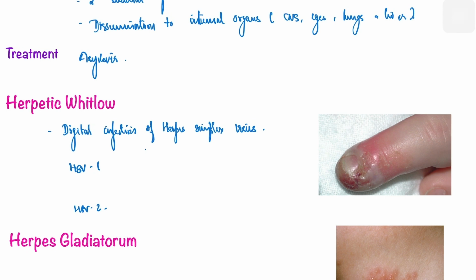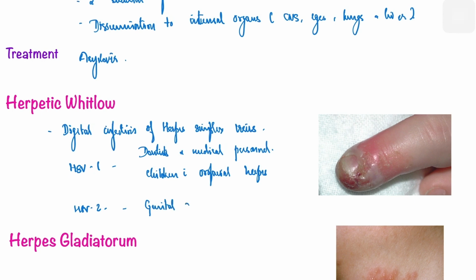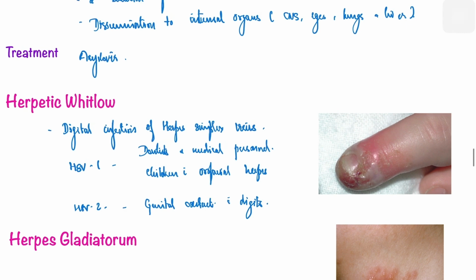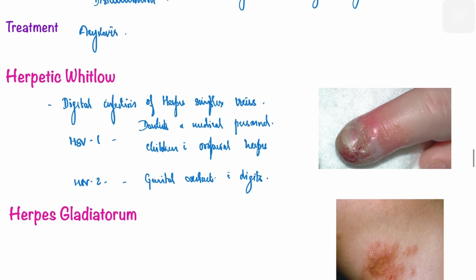So who is more prone to contact? Dentists and medical personnel are more prone to contact with the infected fluid of the herpes vesicles, or it could be children with orofacial herpes. HSV2 causes genital herpes, so with genital contact it could lead to herpetic whitlow secondary to HSV2.